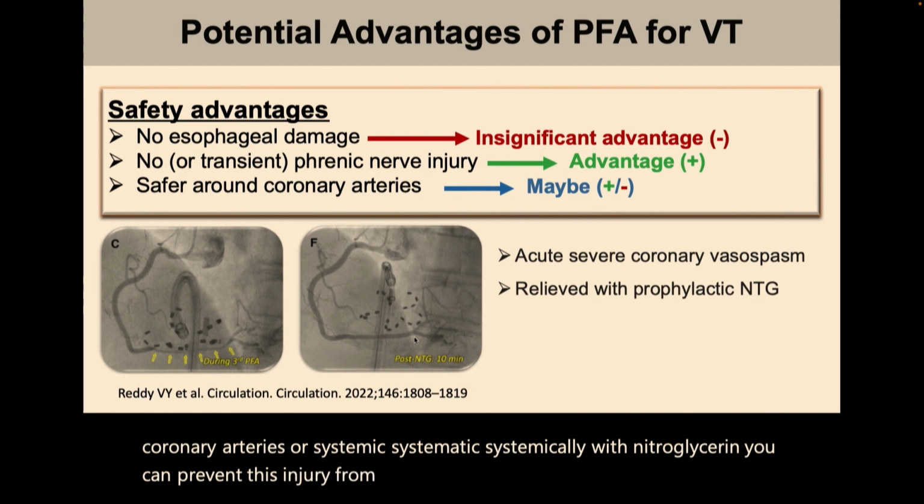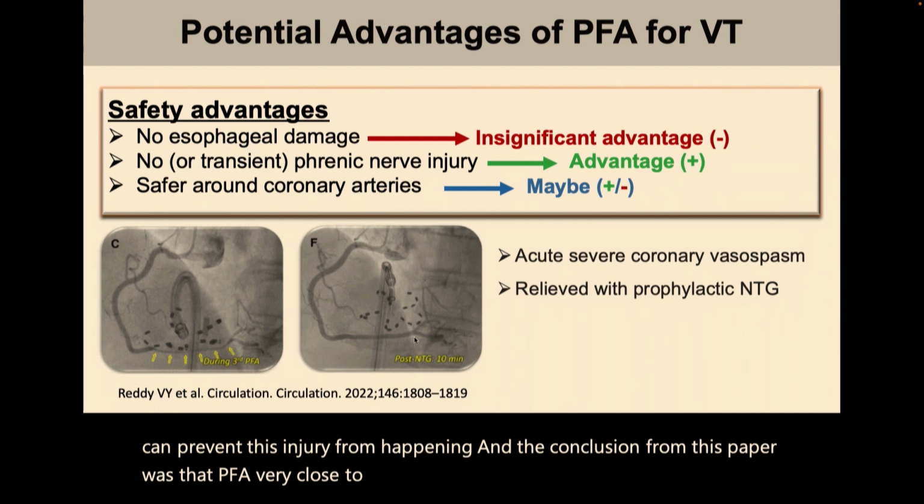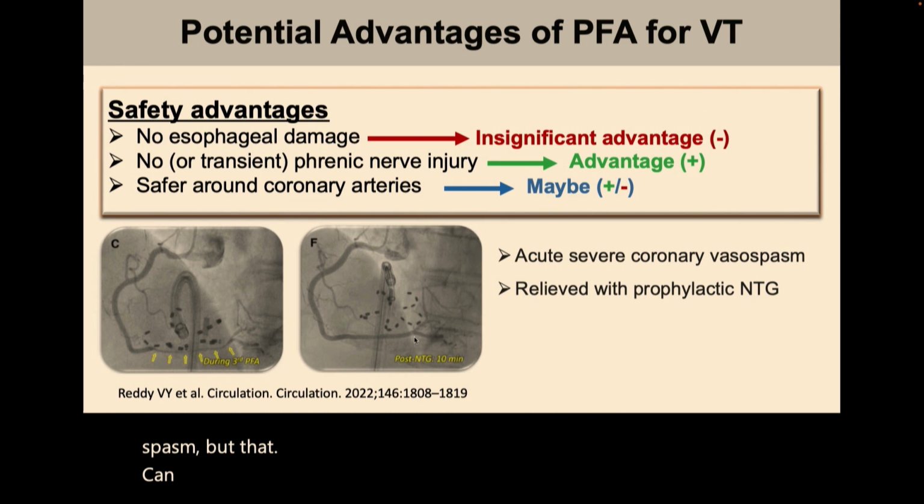And the conclusion from this paper was that PFA very close to the coronary artery can cause acute severe coronary spasm, but that can be relieved with prophylactic nitroglycerin.